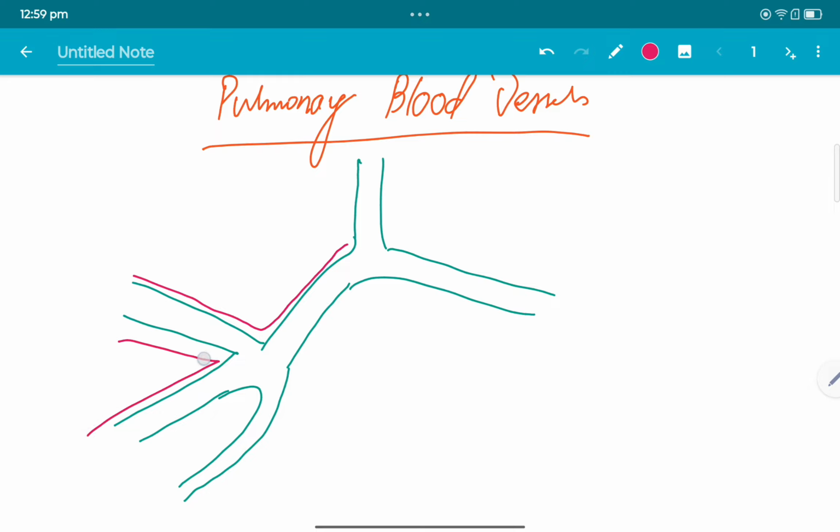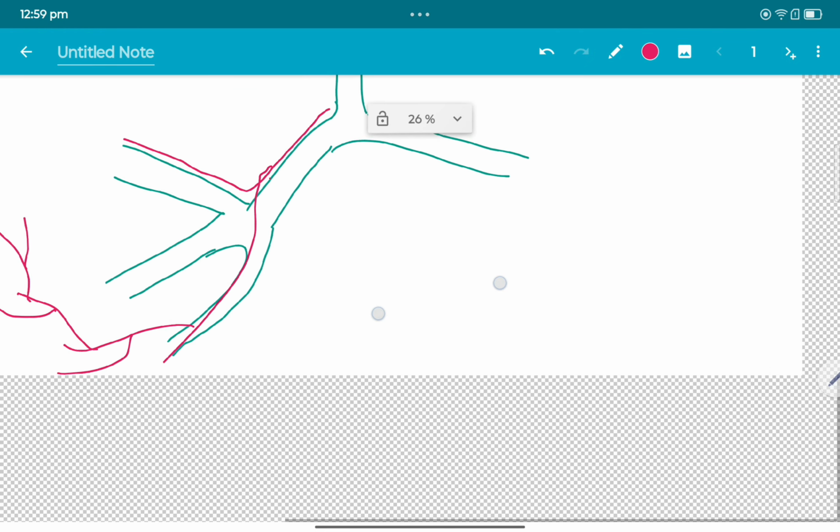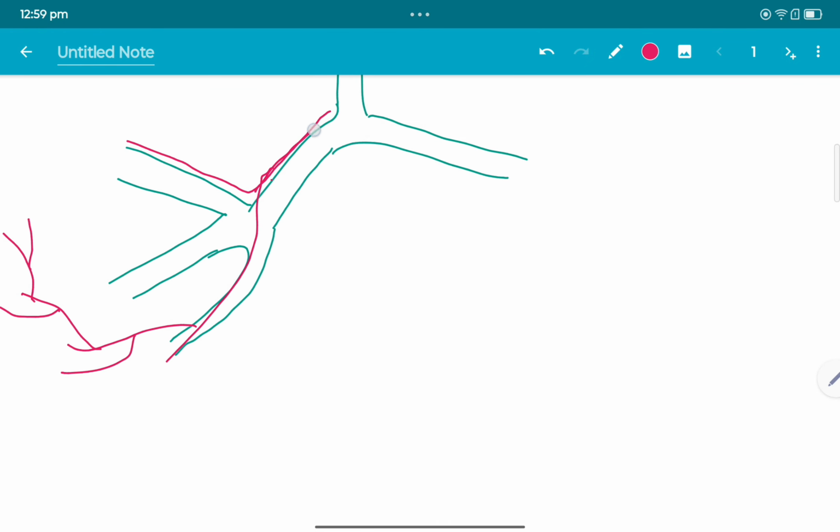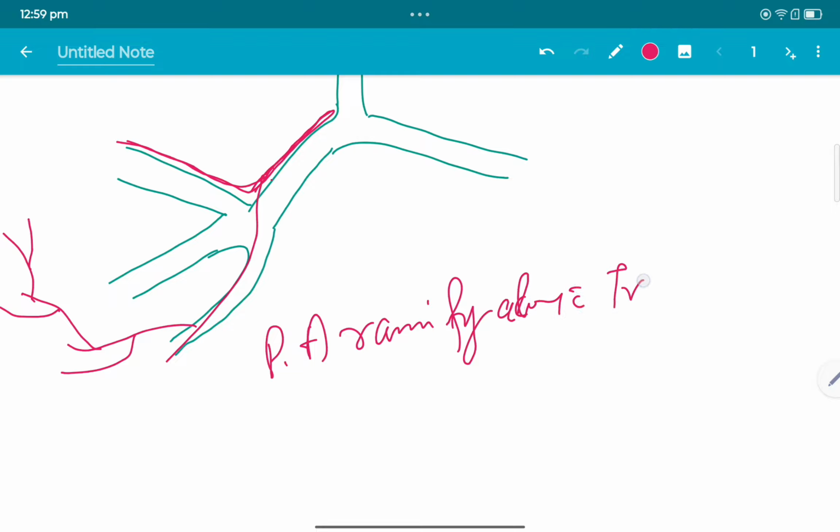These branches will divide according to the tracheobronchial divisions. The pulmonary artery ramifies along with the trachea and tracheobronchial tree.